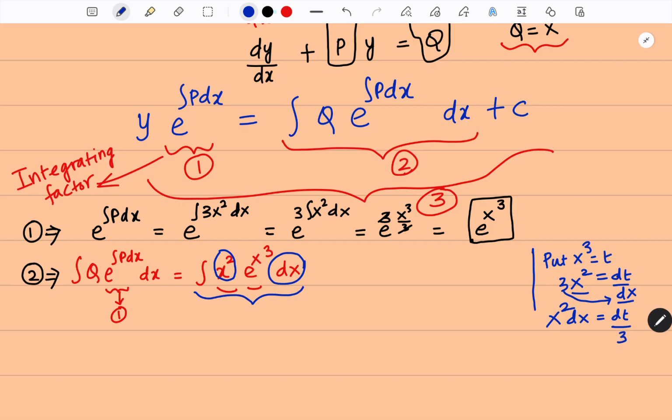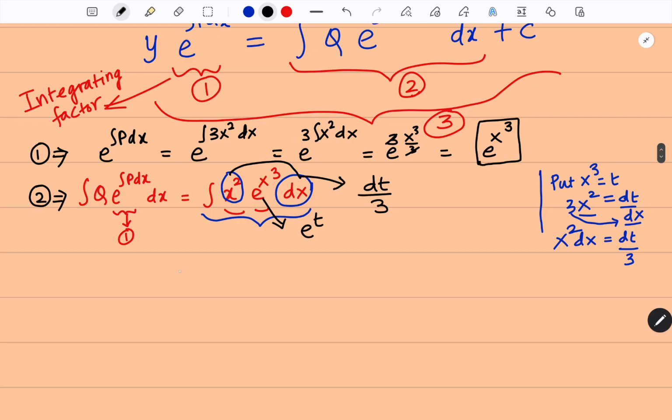So what happens to your equation? This x square dx will be dt divided by 3, and this e power x cube becomes e power t. So this equals integral e power t, dt divided by 3. This 1 by 3 will come out. Integral of e power t is e power t.